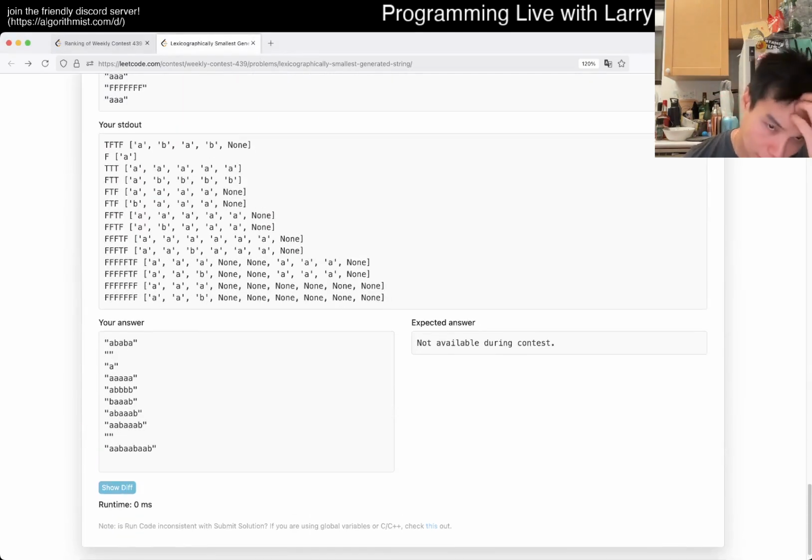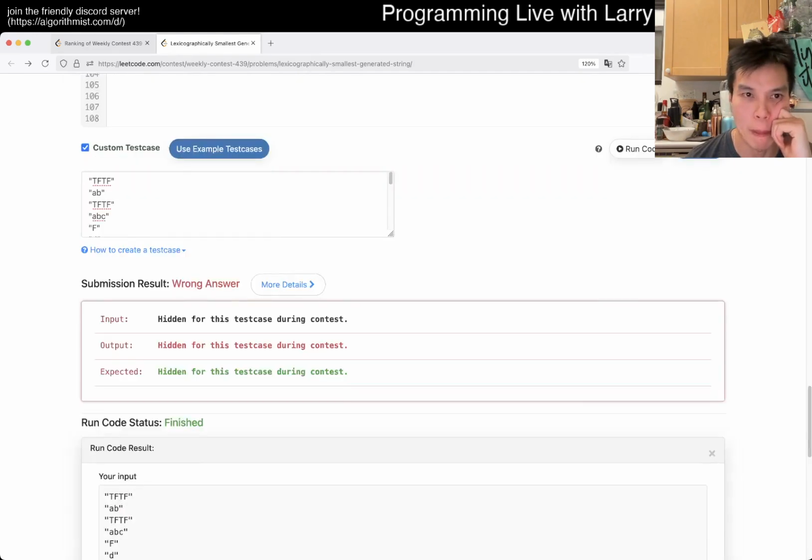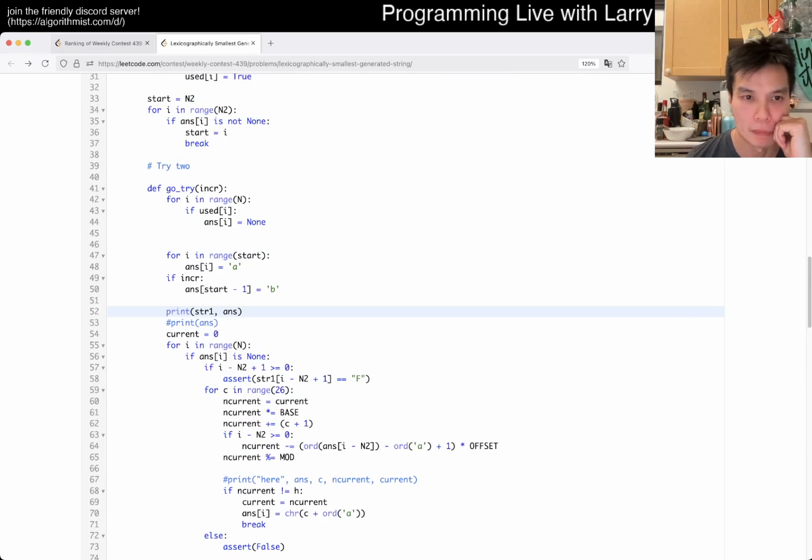Okay. How would I write this? I think what I want is actually right?